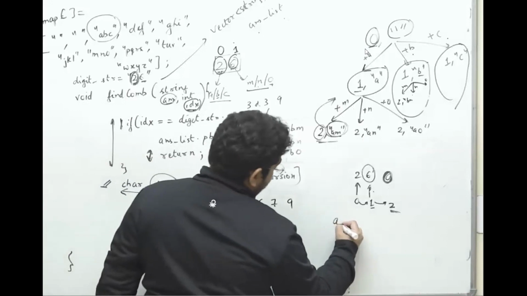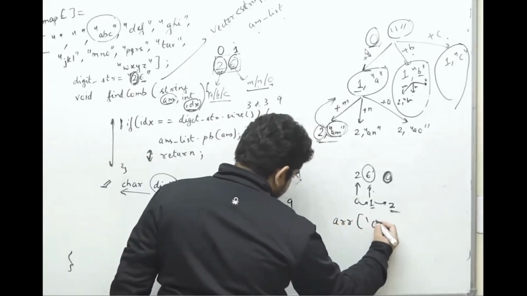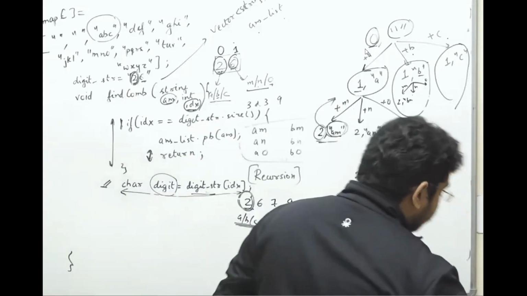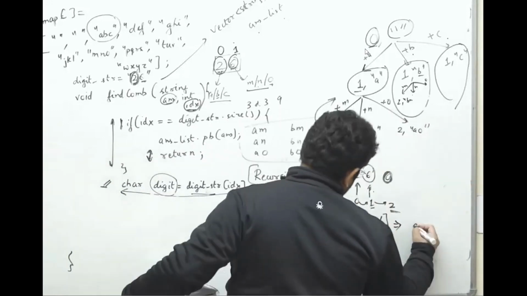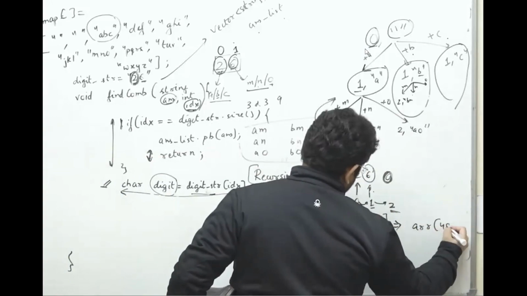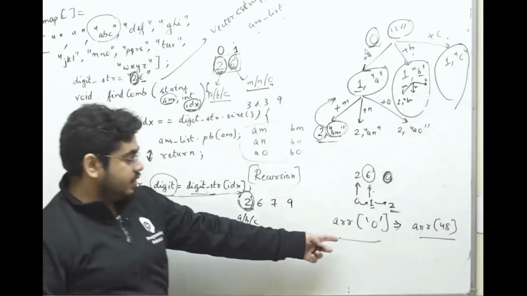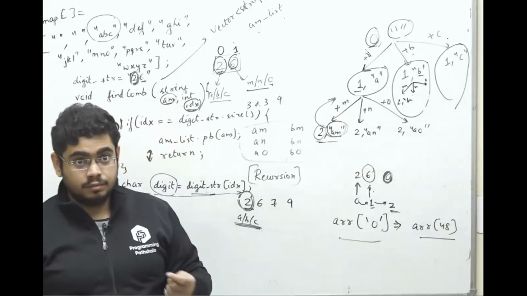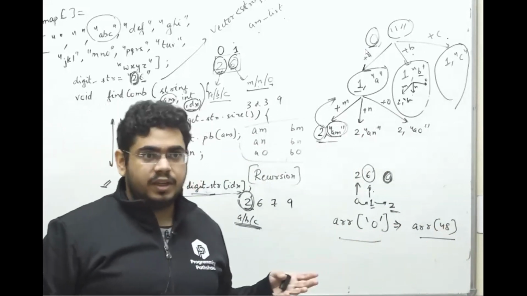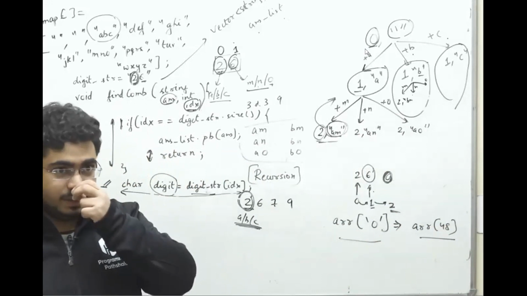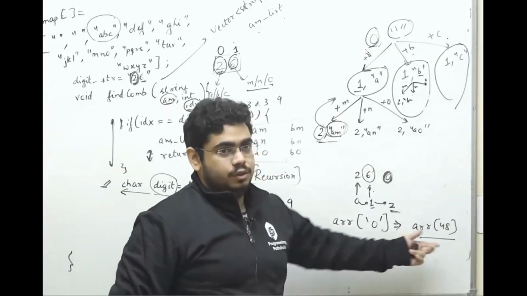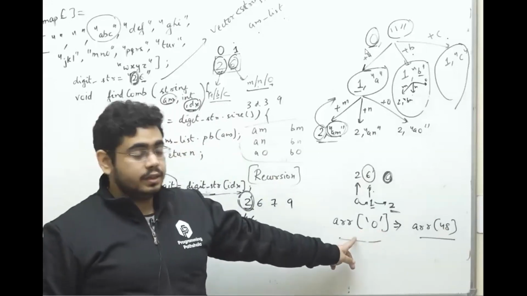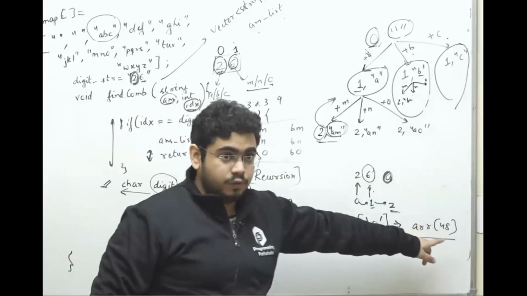If I do array of character 0, it basically converts to array of 48, because character 0 is essentially 48 in terms of ASCII, right? In most languages, and I'm not saying every language. Some languages like Python might say that this is actually 0, so I'll take array of 0. But in most languages, if this is an int, it is auto casted to 48.